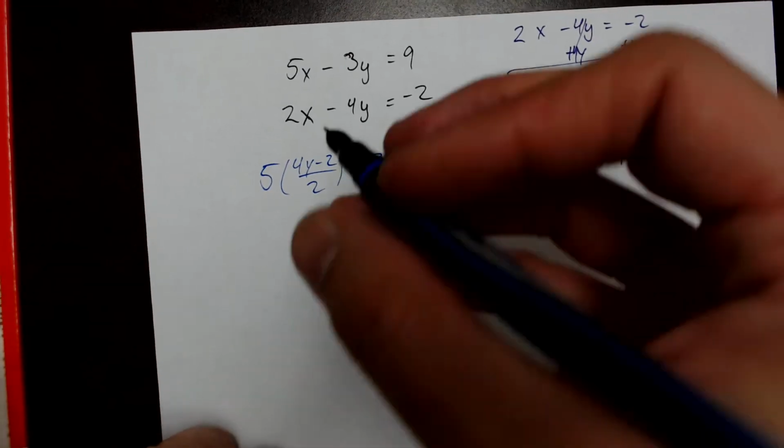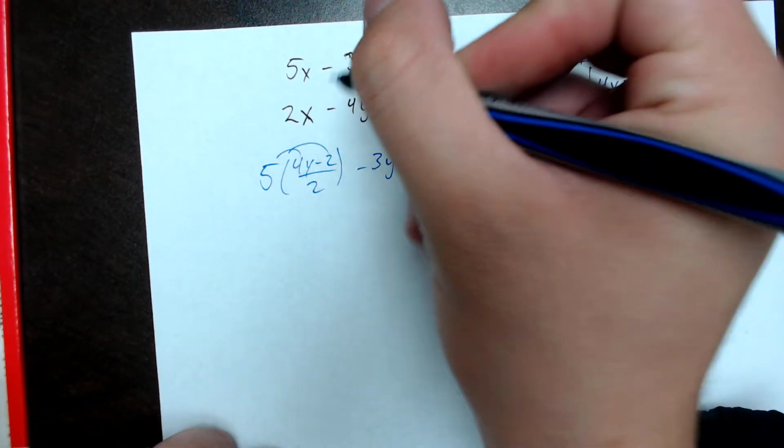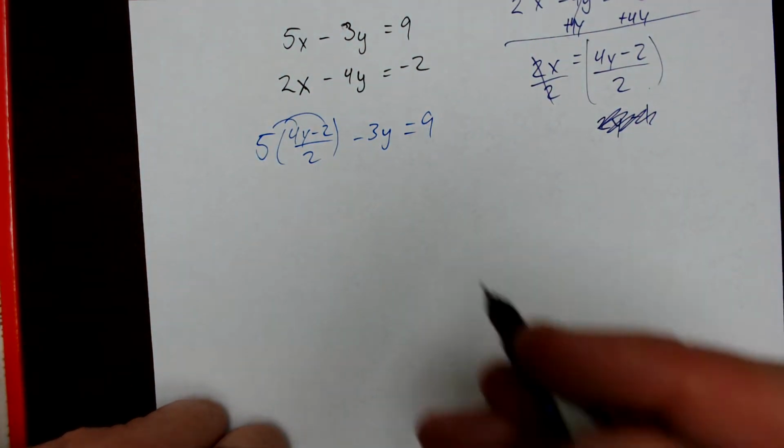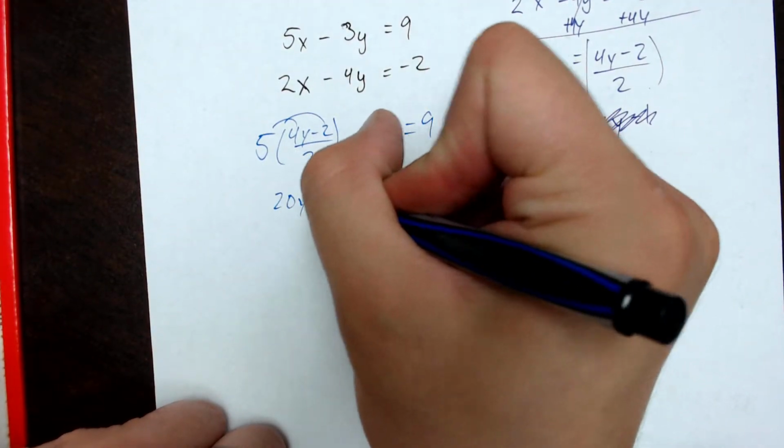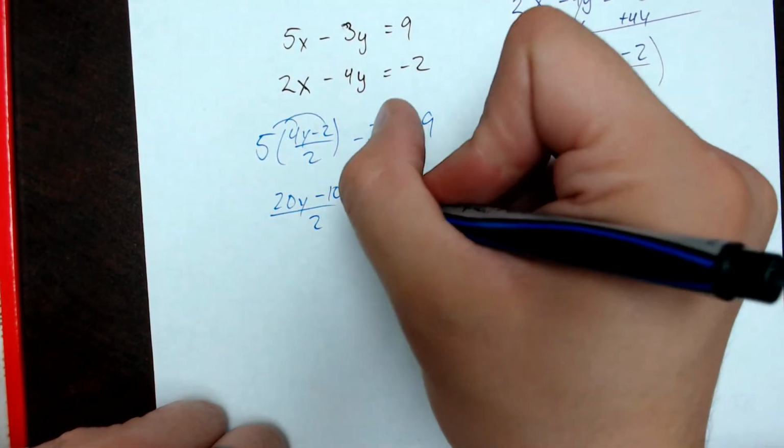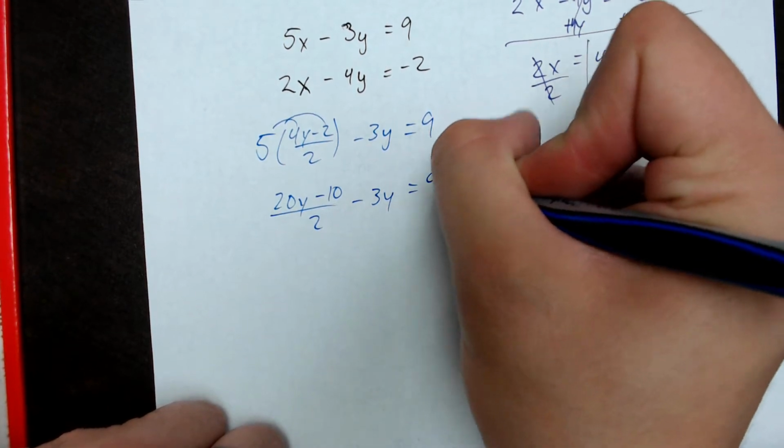From here, I'll use the distributive property. So that becomes 20y minus 10 over 2 minus 3y equals 9.